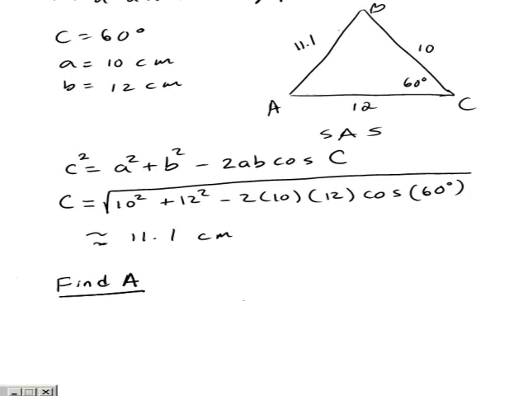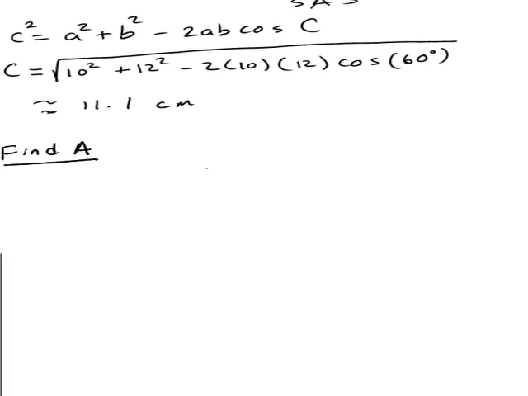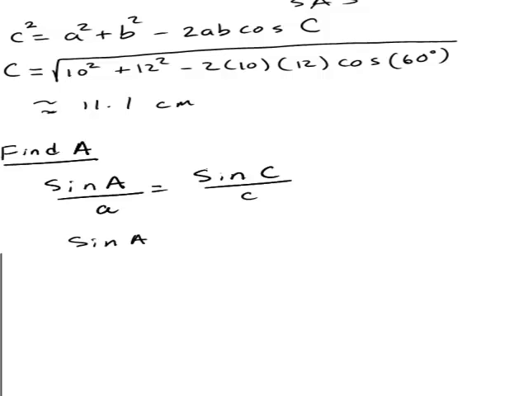All right, and so we know that, and we're going to use a lot of sines here, the sine of A over A equals the sine of C over little c. Right? And so we know that the sine of A is equal to side A, which was 10, times the sine of angle C, which was 60, all over side C, which we found to be 11.1.